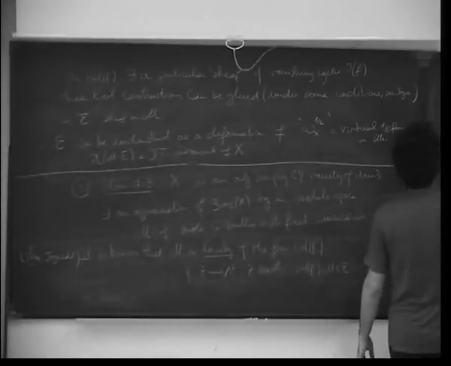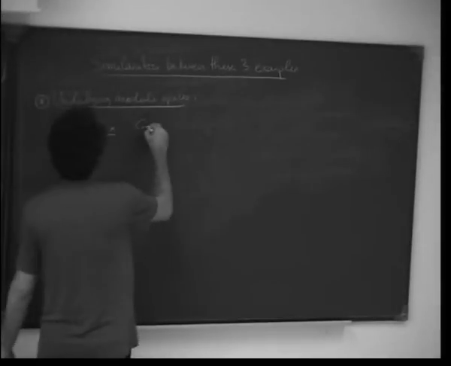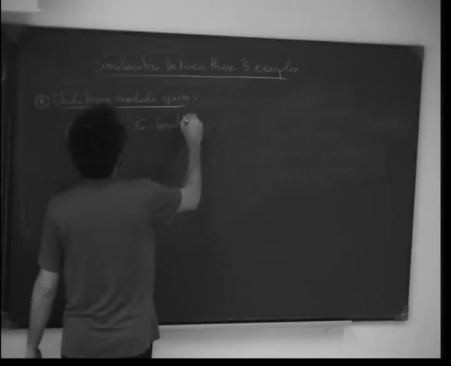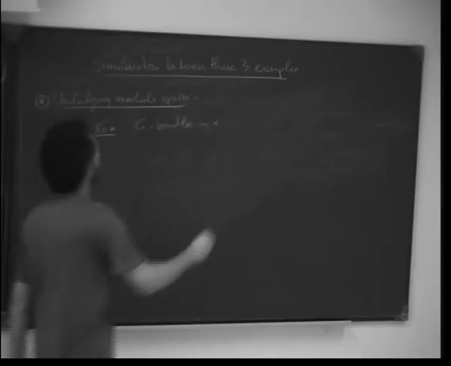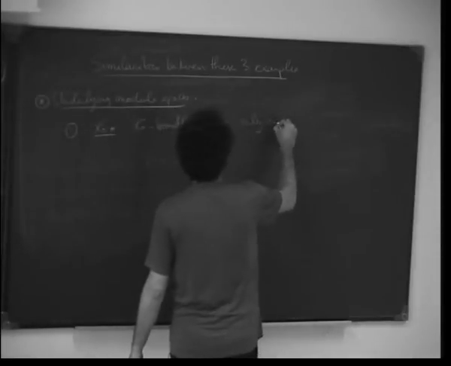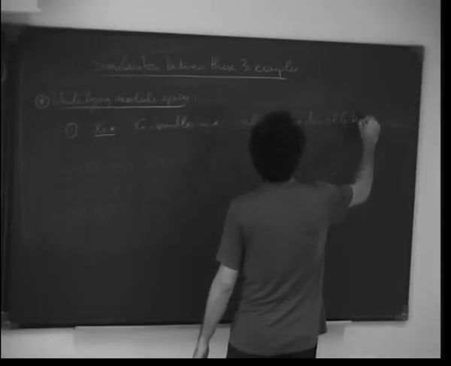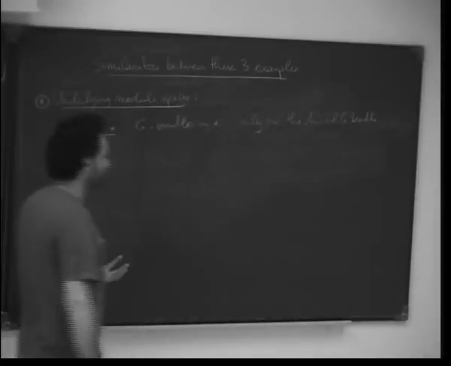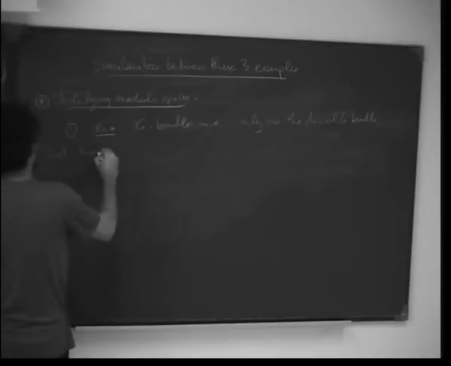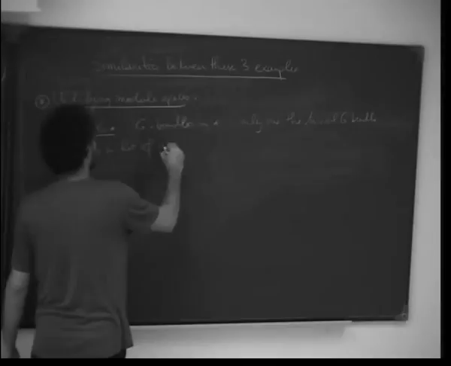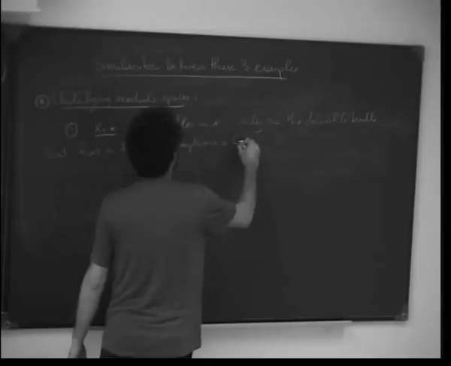So let me start with this. I said that X is a point. If I look at G bundles on a point, of course there is only one, which is the trivial G bundle. But this G bundle has a lot of automorphisms, namely, G itself.